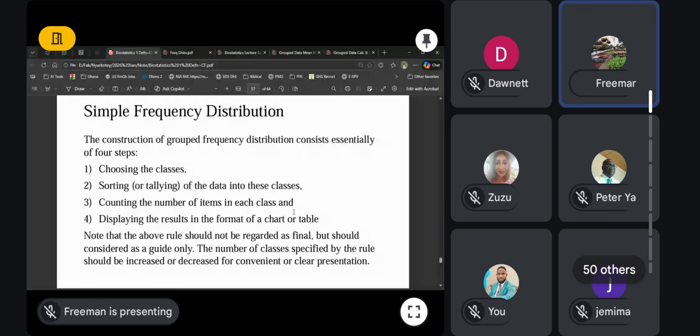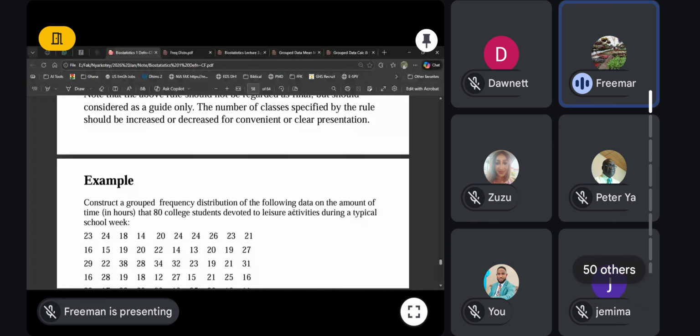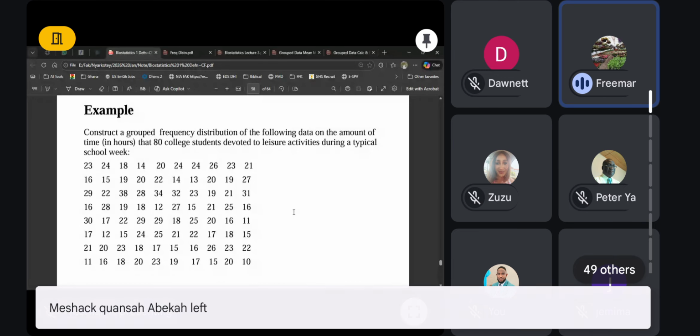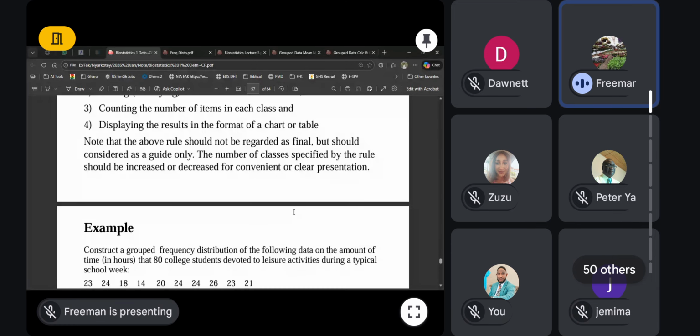So if you are to construct a grouped frequency distribution table for this data, I think we already looked at it the other time.